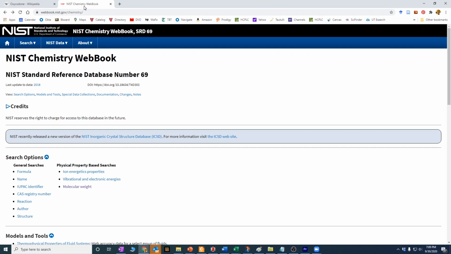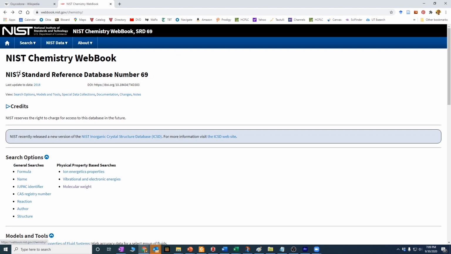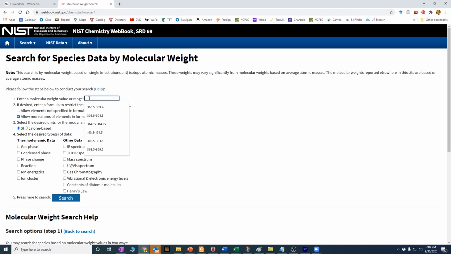Now, you might say, well, is it definitely oxycodone? This is another good resource, by the way, the NIST Chemistry WebBook. NIST is a federal agency that keeps analytical data and makes standards. It's really, really good. They make most of the libraries for most of the mass spectrometers, or they are responsible for compiling them, I should say. You can search known compounds by molecular weight.